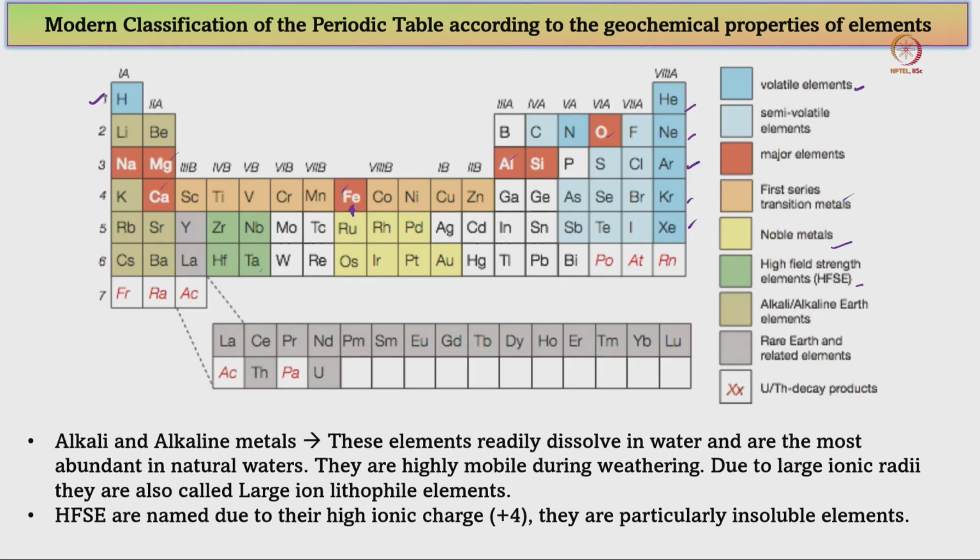They are called this because they have a very high ionic charge, and they form very strong bonds with the anions. They have a very high field strength around their bonds. It is very difficult to break those bonds, so that is why they form very stable minerals.